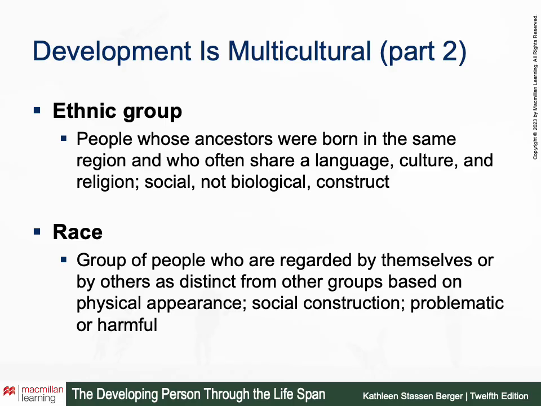Like regional language, culture, that sort of thing. Race is a group of people who are regarded by themselves or by others as distinct from other groups based on physical appearance. There are social scientists who think that race is misleading, as biological differences are not signified by outward appearance. So that's also something to keep in mind.